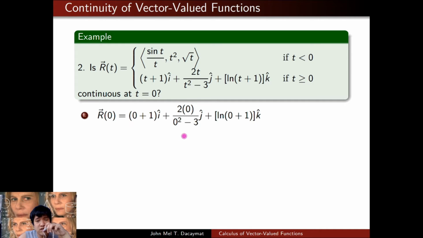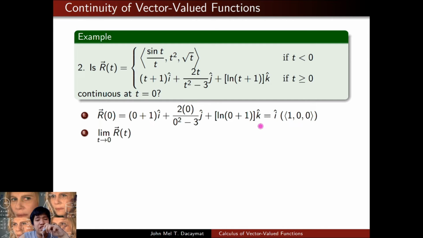The second component, the numerator is 0, the denominator is negative 3, so this whole second component is 0. The third component becomes ln1, which is also 0. So we are left with 1, 0, 0, or i hat. So good, the first condition is satisfied. We have an existing function value for r of 0.